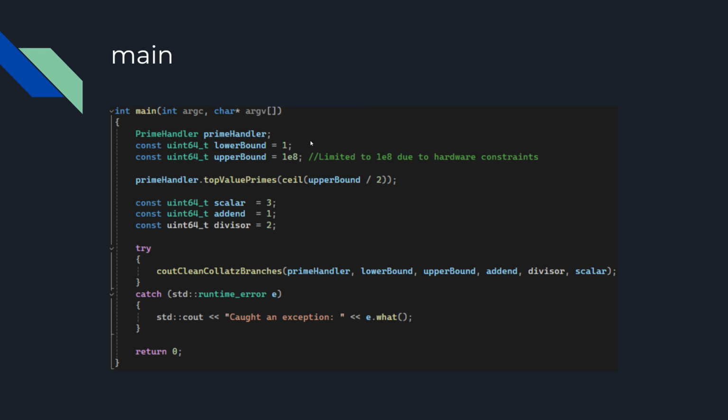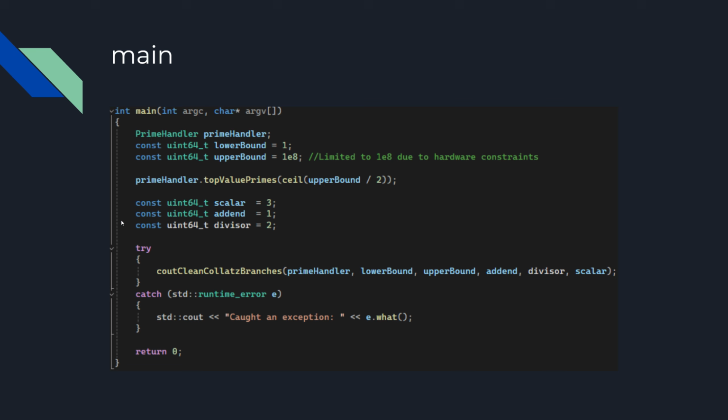So we're going to start at 1, and then we're going to go all the way up to, what is that, 1e8, and 1e6 is a million, so that's 100 million, I think. Maybe. But it's some arbitrarily large number, and 1e9 didn't really work out that well because it was too large for my computer to handle.